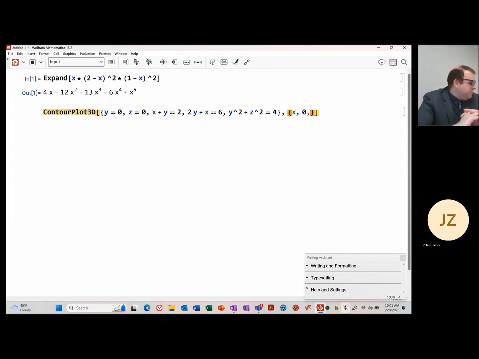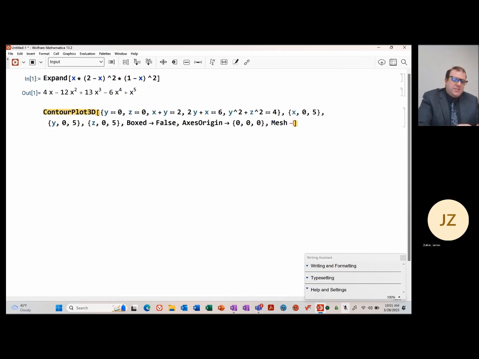How far out do I want to go? 5? Also, remember this is going to give us something that's boxed, so turn off the box. Set the origin 0, 0, 0, something I always forget to do.